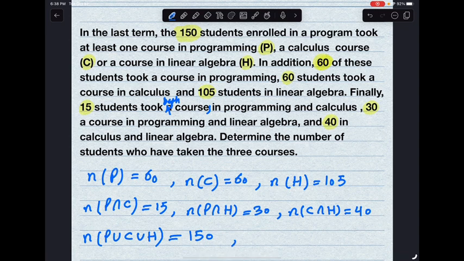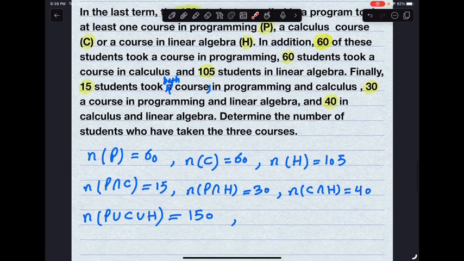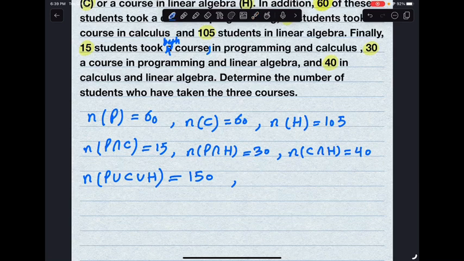And what we are looking for is the number of students who have taken all 3 courses. We are going to find the number of students in programming and calculus and linear algebra.